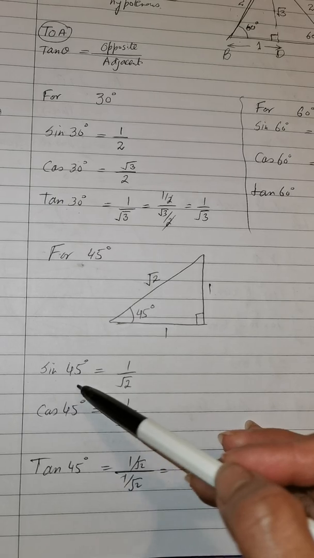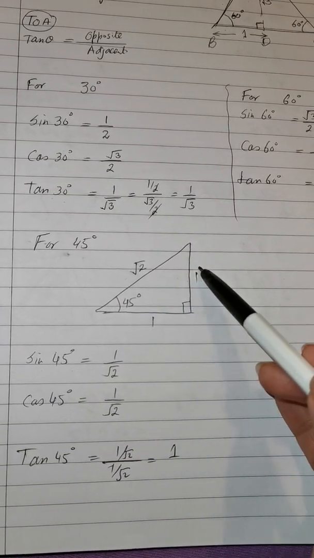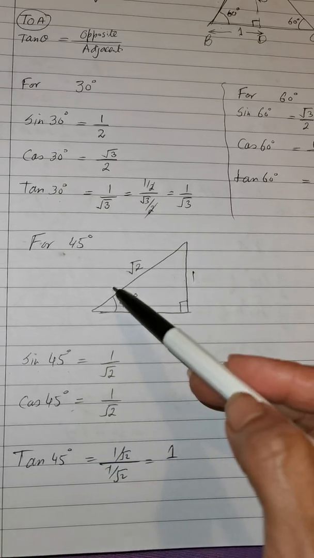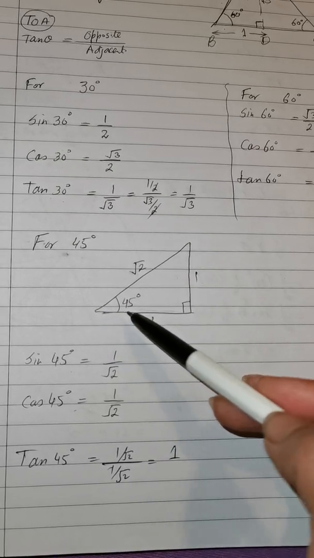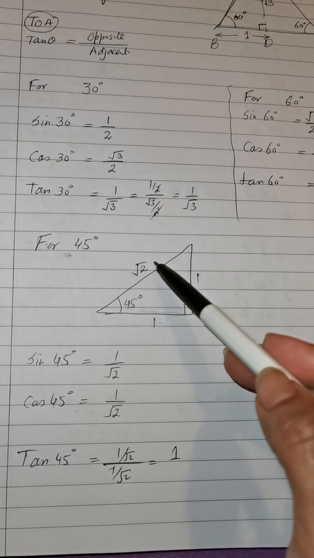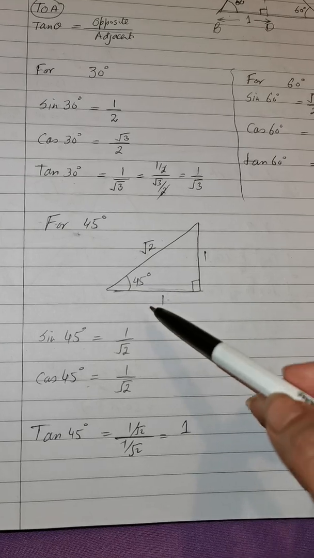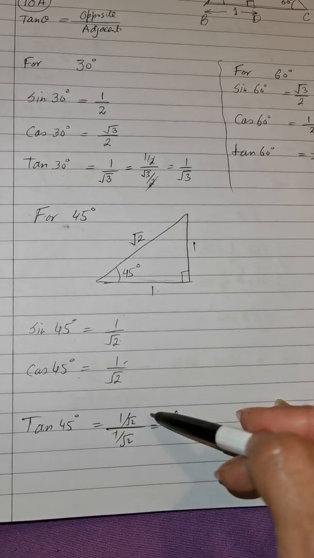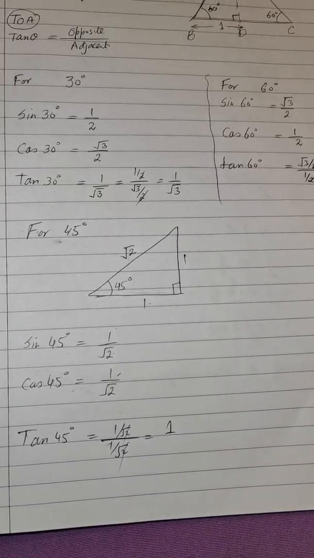So sine 45 degree will be, the opposite of this 45 is 1, divided by the hypotenuse, and cos 45 degree will be the side adjacent to the angle, which is 1, divided by the hypotenuse. And tan 45 degree will be 1 divided by under 2, and all divided by 1 by under 2. Under 2 and under 2 will cancel each other, and your answer is 1, right?